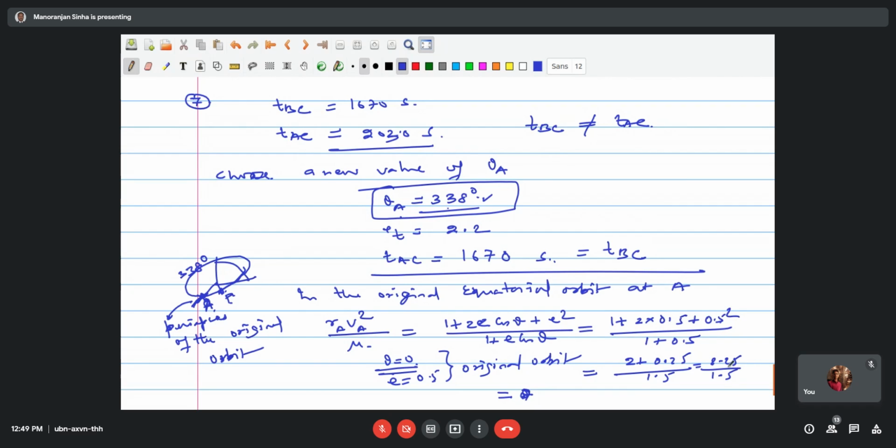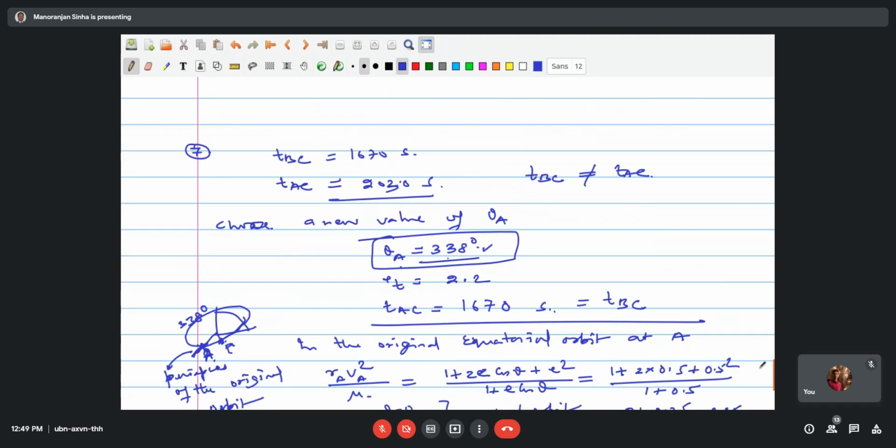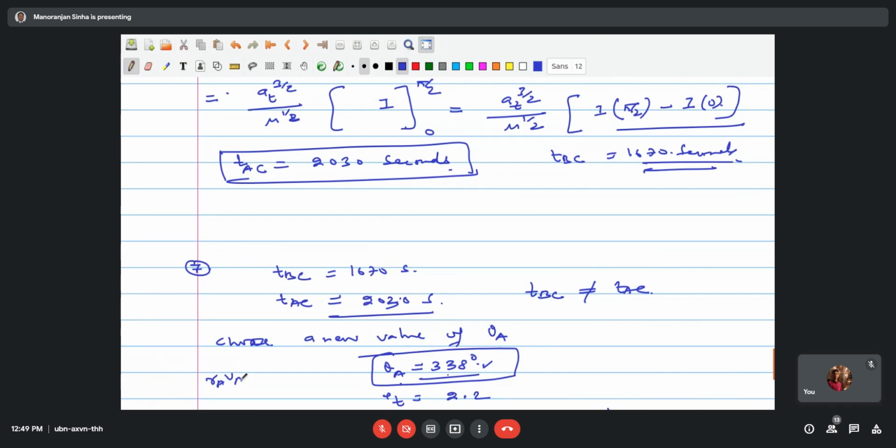Okay, this is fine, 2.25. So this will be 1.5. So RA VA square divided by mu in the original orbit is 1.5. And because RA is known, mu is known, and therefore VA can be computed.